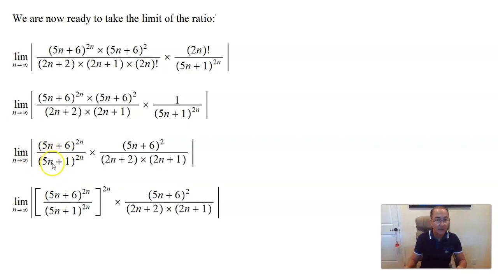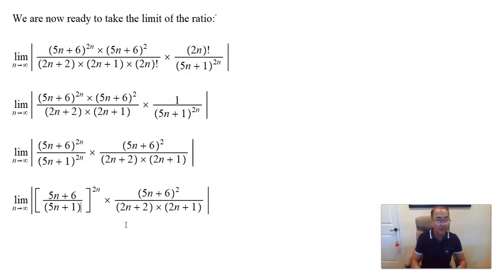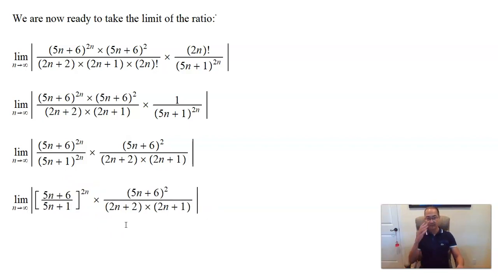You can still see where it came from, but I'm going to remove the 2n there, and I'm going to remove the 2n there. 5n plus 6 to the 2n, 5n plus 1 to the 2n. Everything is accounted for. A to the, what's the property? A to the x over b to the x is the same as a over b to the power x.